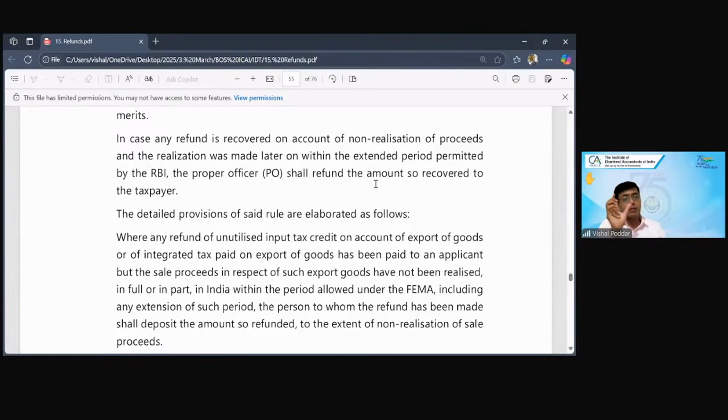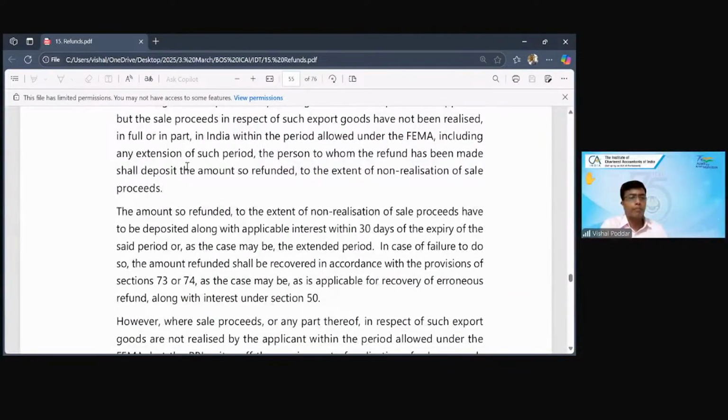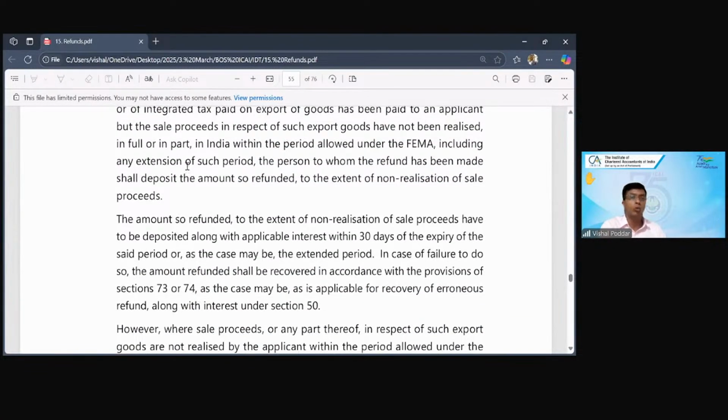Again, FEMA has allowed some time period for getting the money, which may even be extended by RBI. So we are ready to wait till then. Until the time your payment is received, either within the FEMA timelines or within the extended timelines by RBI, we are okay. But thereafter, if it is not received, 96B will trigger and you will have to pay back the refund.